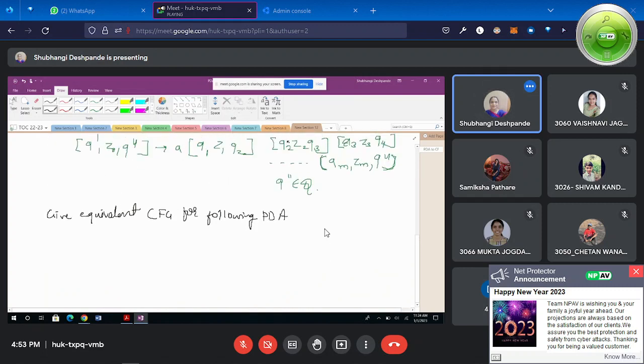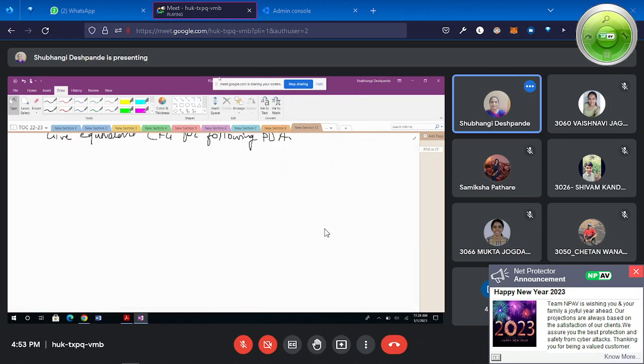So for this, write down some rules now. Delta of q0 b z0 is equal to q0 z z0.